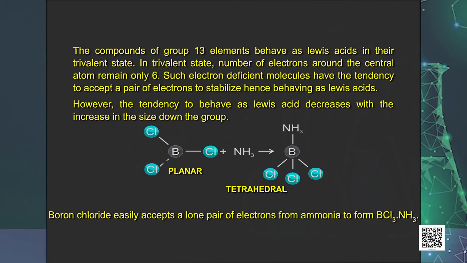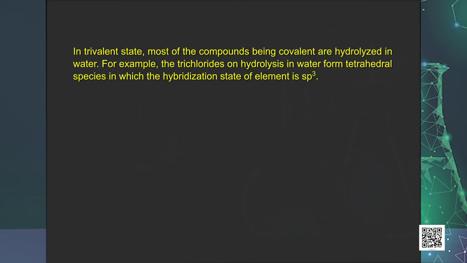Boron chloride easily accepts a lone pair of electrons from ammonia to form BCl3.NH3. The shape of BCl3 changes from planar sp2 to tetrahedral sp3 as shown on the screen. In trivalent state, most of the compounds being covalent are hydrolyzed in water.